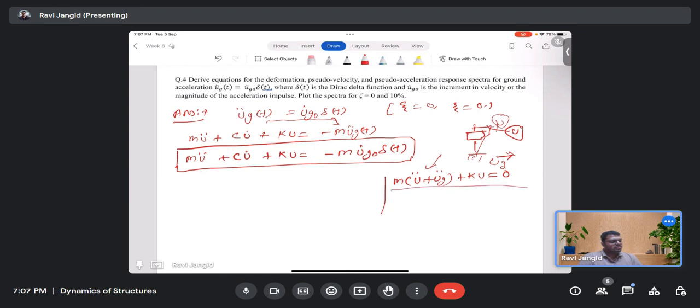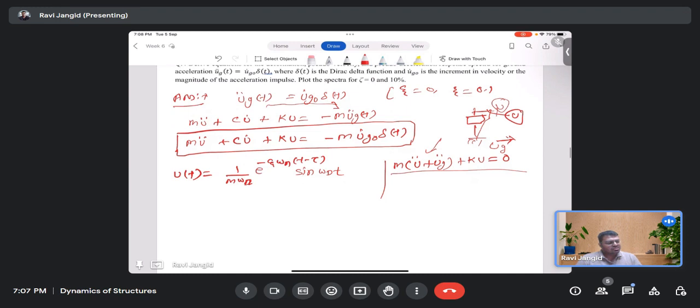So for the unit impulse, what was our solution? In the last classes we discussed that for the unit impulse, the solution u(t) for the damped system was 1 over m omega d, into e raised to power minus xi omega n (t minus tau), into sine omega d t.